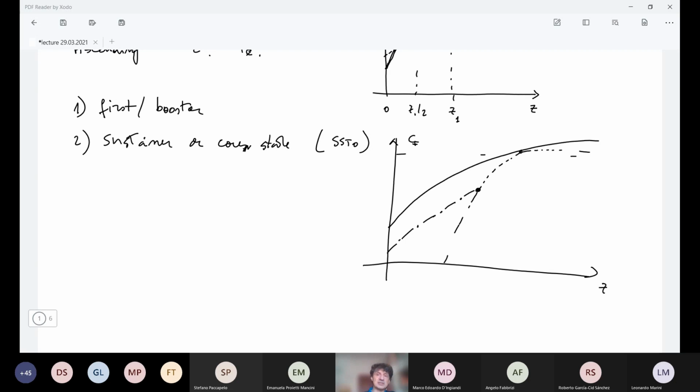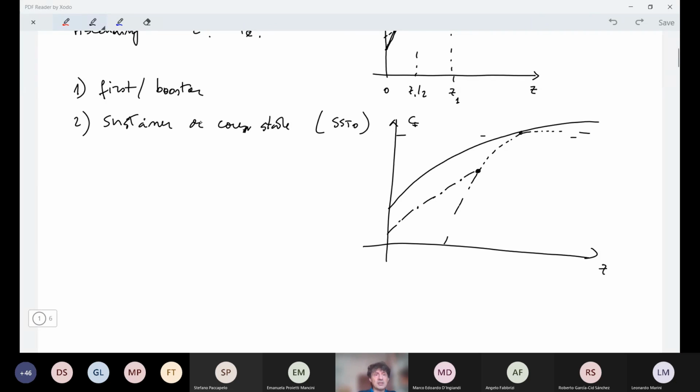So it seems that it's not too bad because we have a loss at low altitudes, but still we can achieve very high area ratio and so good performance in vacuum. Consider that if I put another kind of nozzle, let's say adapted here, I would have something like this.